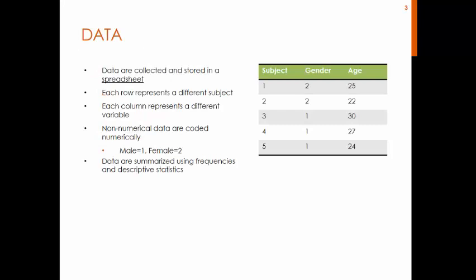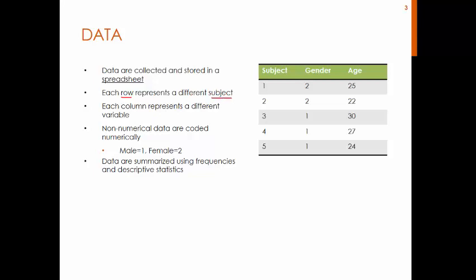First, I would like to talk about data and how we gather data and what it looks like when we store it in our computer. We'll talk more about this when we introduce SPSS, but for now, let's just talk about this simple spreadsheet that you see. Data are collected and stored in what we call spreadsheets.